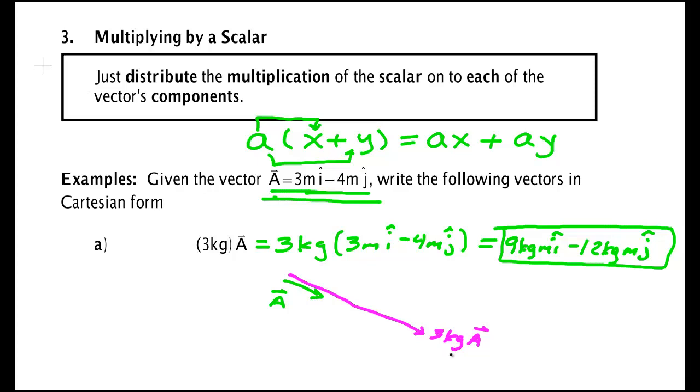It's also a new quantity because it has a new unit. It's a kilogram meter, not just a meter anymore. So it's changed physically what it was and made it 3 times longer. It did not change the direction. Direction stays the same, just as it did in polar form.